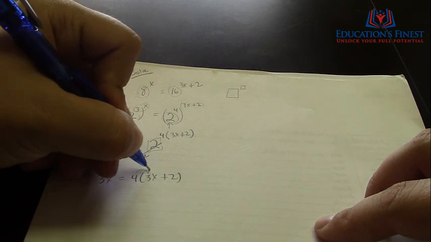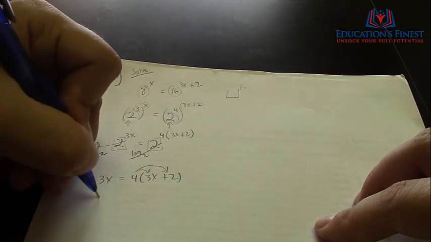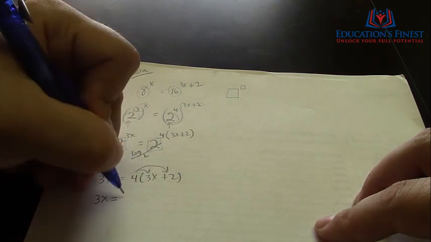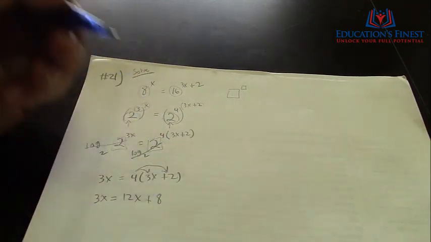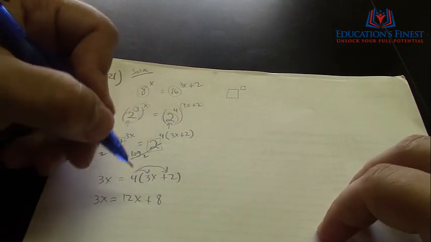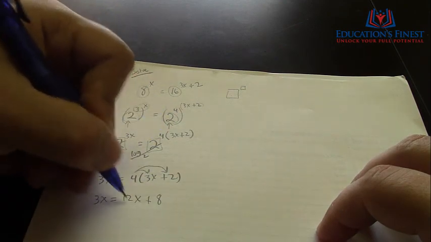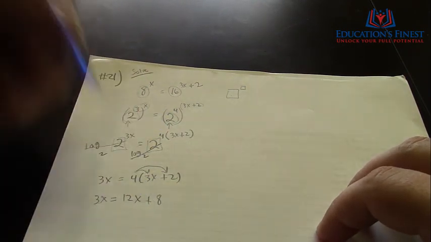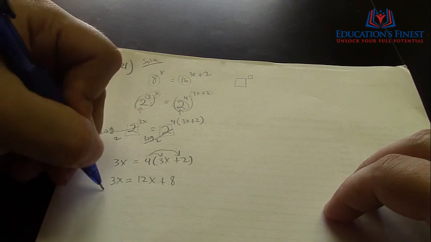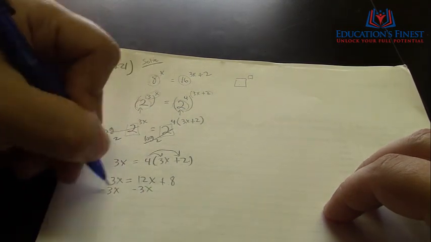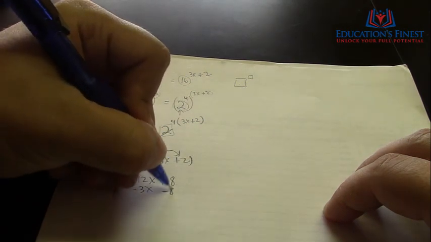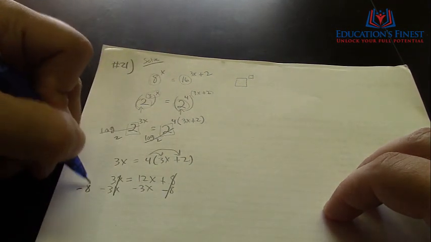So first thing you got to do is distribute that 4. So we have 3x equals 4 times 3 is 12x plus 4 times 2 is 8. And then you got to get all your x's on one side and your number on the other side. So we're just going to subtract 3x here, subtract 3x here, and at the same time minus this 8 over here.